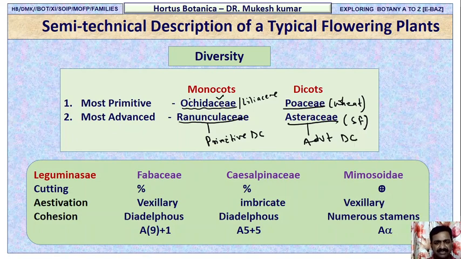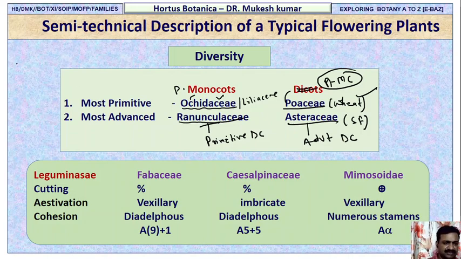Advanced in monocot, wheat. Primitive in monocot, Orchidaceae. Primitive in dicot, Ranunculaceae, and advanced in dicot, this is the Asteraceae.